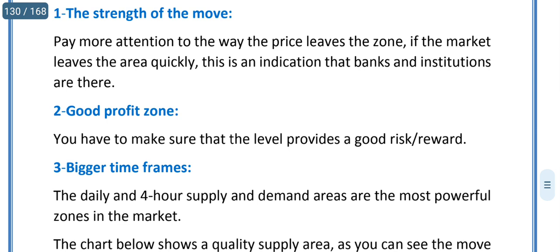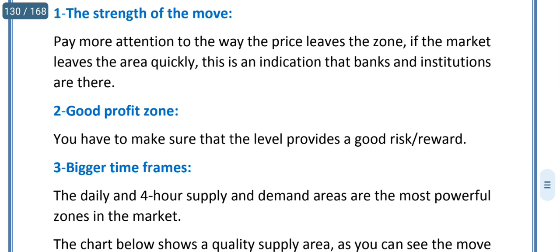Here you have to pay more attention to the way the price leaves the zone. If the market price leaves the area quickly, this is an indication that banks and institutions are there, and therefore we are experiencing a supply zone at that point.